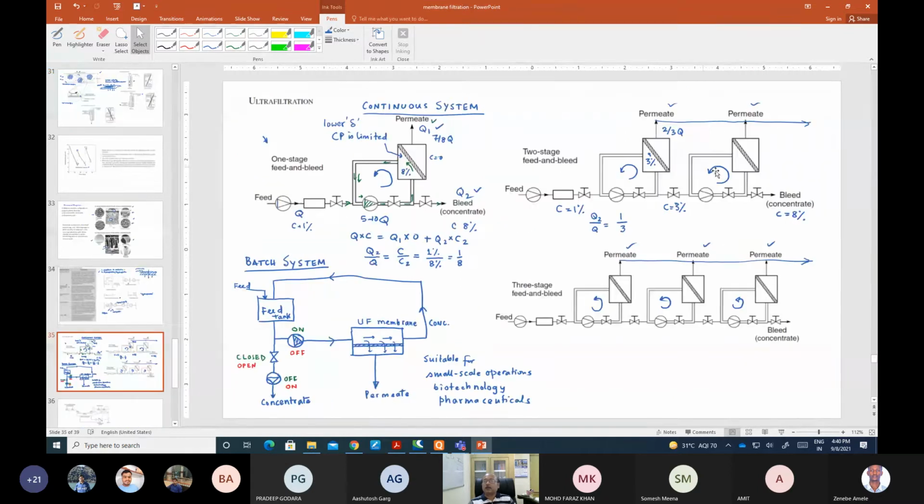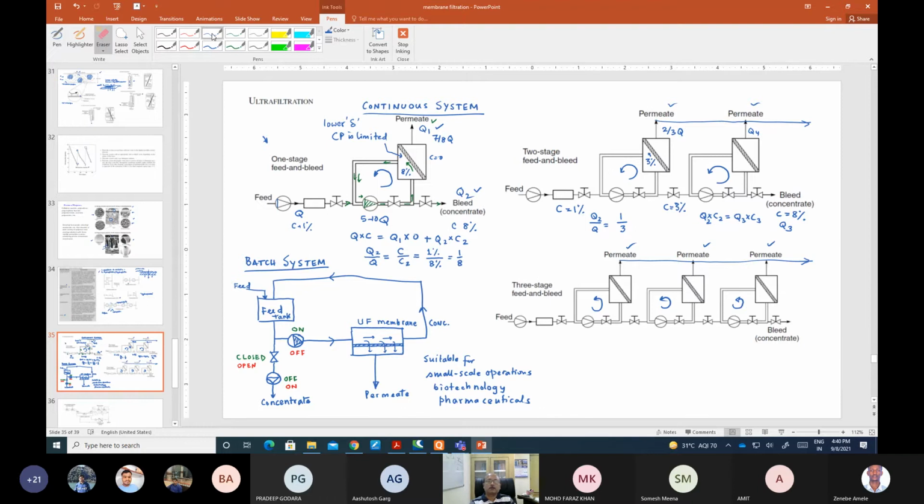Okay, and in this case, in the second stage, if you write this, you have Q into, let's write Q3, this one, and so Q2 into C2 equals Q3 into C3, because from here, if you say this is Q4, C4 equals 0.